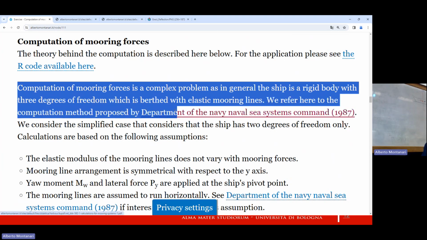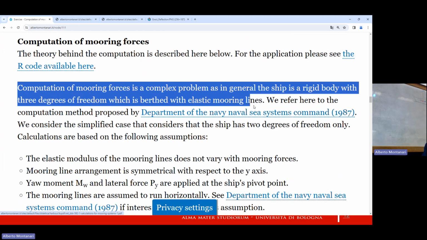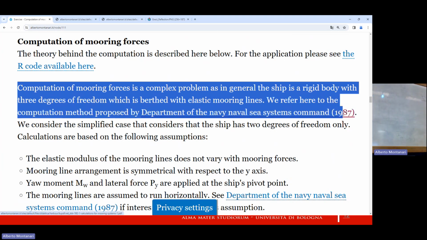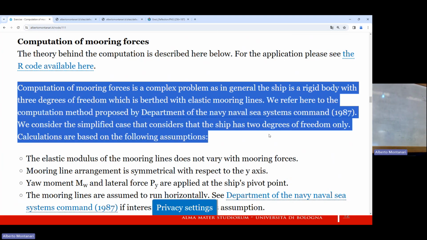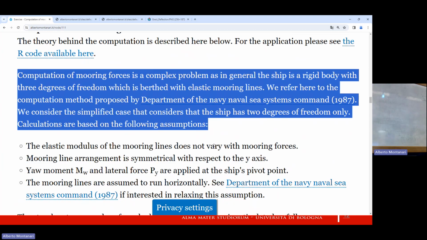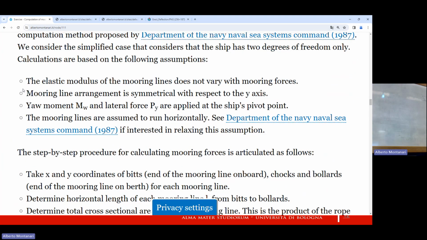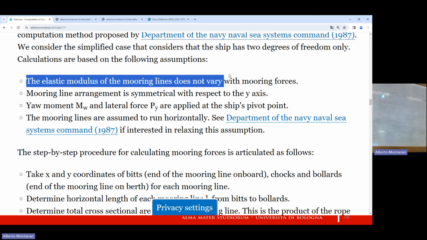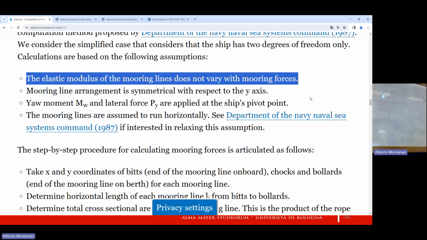We refer here to the computation method proposed by the Department of Navy Naval Sea Systems Command. We consider the simplified case where the ship has 2 degrees of freedom only. Calculations are based on the following assumptions. The elastic modulus of the mooring lines does not vary with mooring forces, so it's a constant.